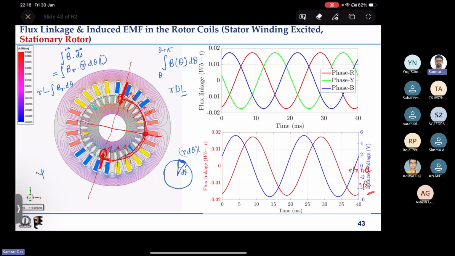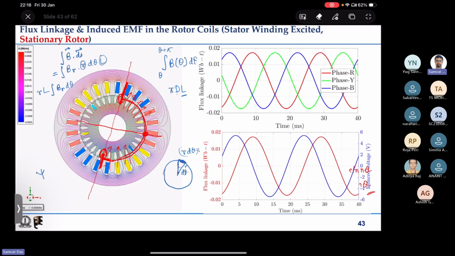If I move to this case and plot the flux linkages of this phase, you can see that it is almost sinusoidal, because of integration action all those harmonic amplitudes become negligibly small. Although it is present in the B theta, the radial component of B along theta, it does not show up in flux linkages that much.